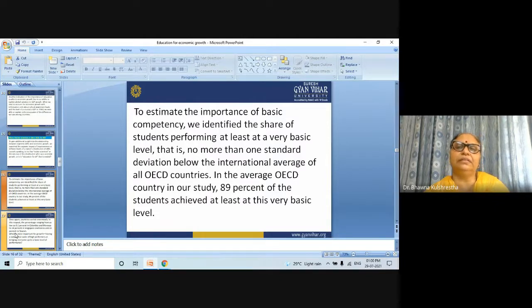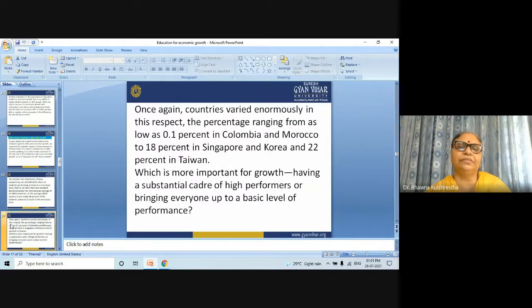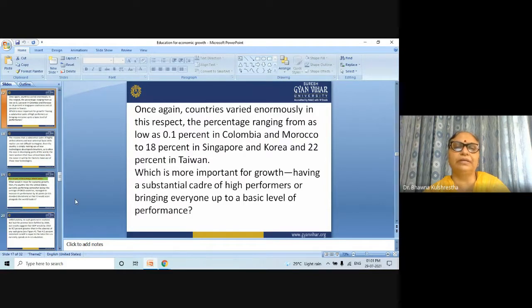And once again, countries varied enormously in this respect.